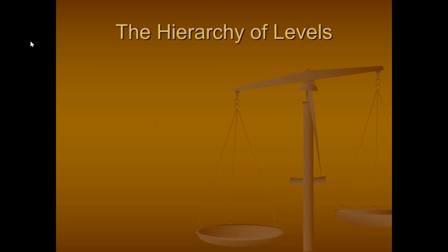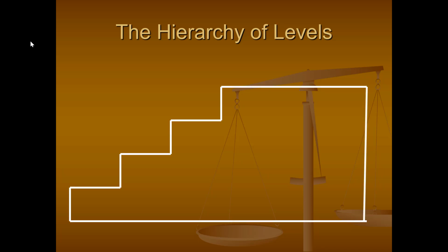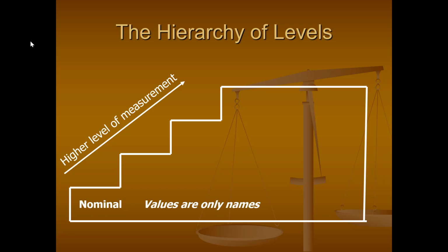So I want to end this presentation by giving you another way to think about the levels of measurement in terms of hierarchy. So if you think of a staircase, and as we go up the staircase, the higher the level of measurement, what would we start with? We would start with nominal variables because the values are only names. Right? The numbers don't really mean much.